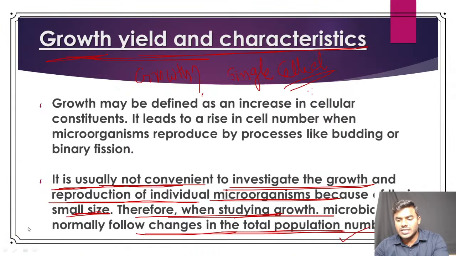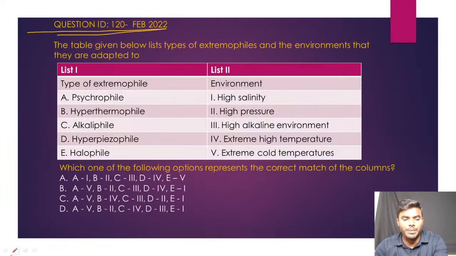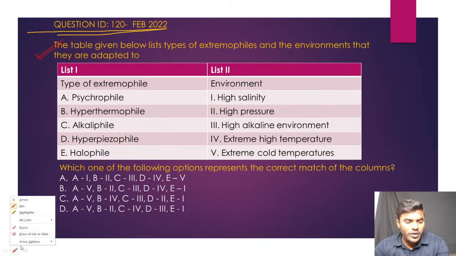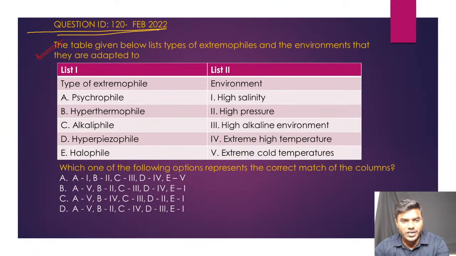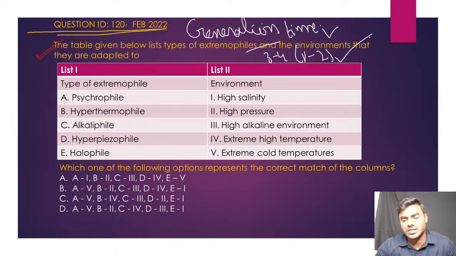Once again, the class will be on Monday onwards, same time, 3:30 p.m. This kind of questions they used to ask more, so we will discuss this also. If you find the time, please practice generation time numericals. Anyway, I will discuss 3 to 4 variations with 1 to 2 numericals, more than sufficient.